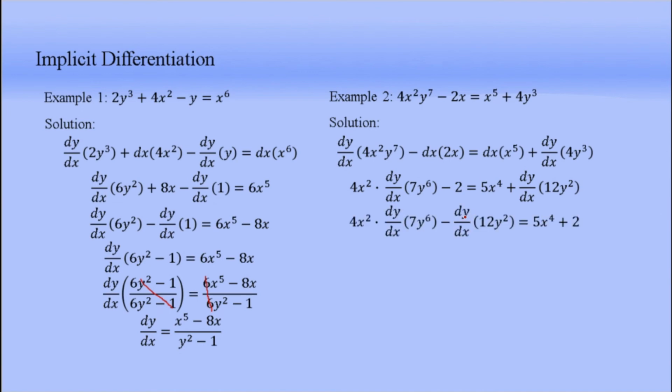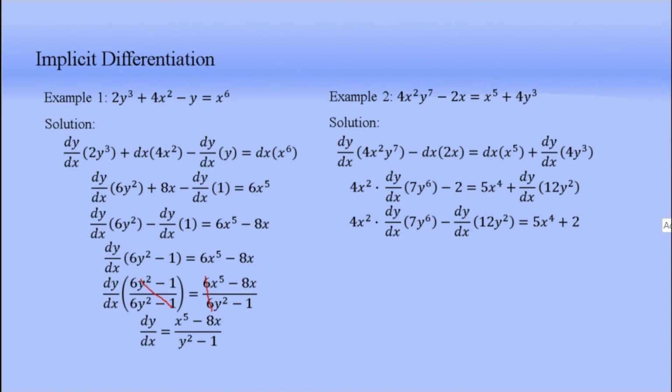And then we're going to transpose the like terms. So negative 2 is going to be positive 2, and then positive dy dx times 12y squared is going to be negative dy dx times 12y squared.